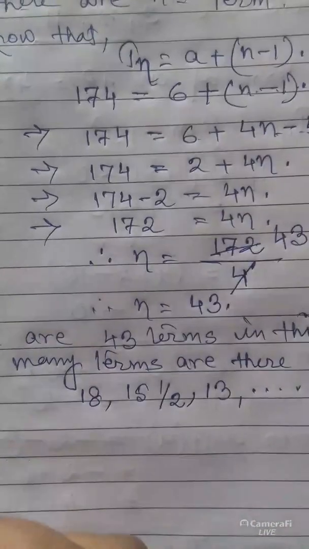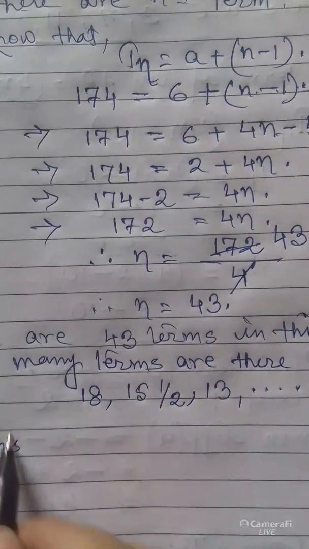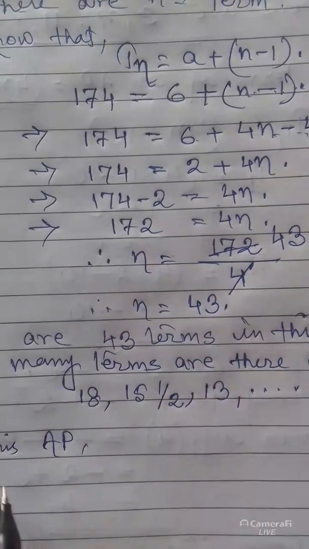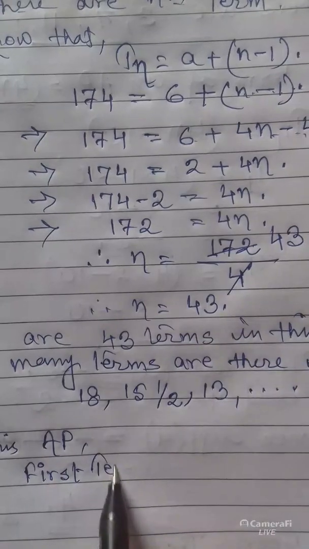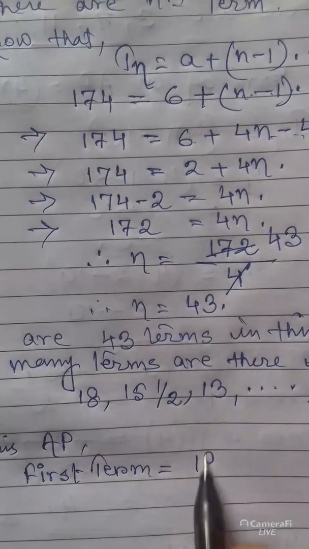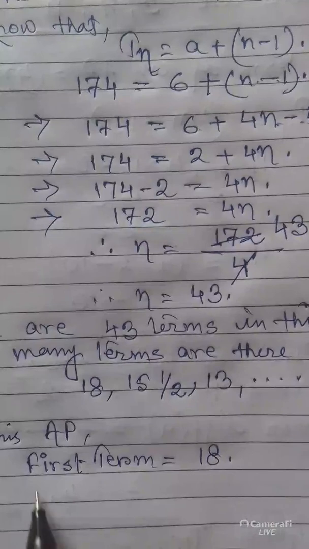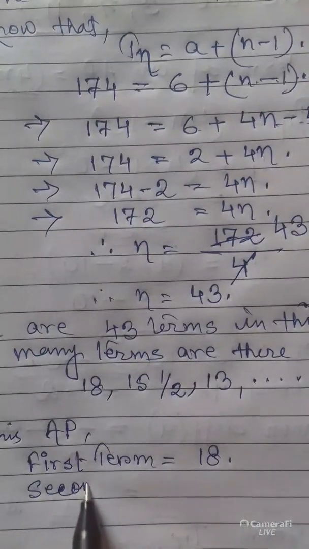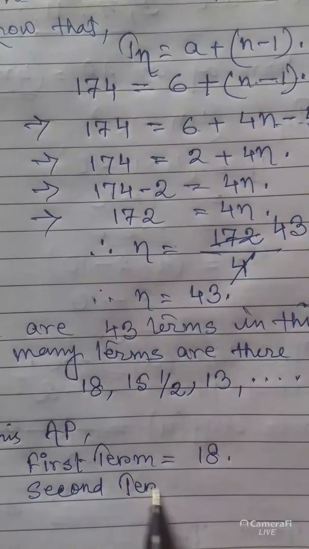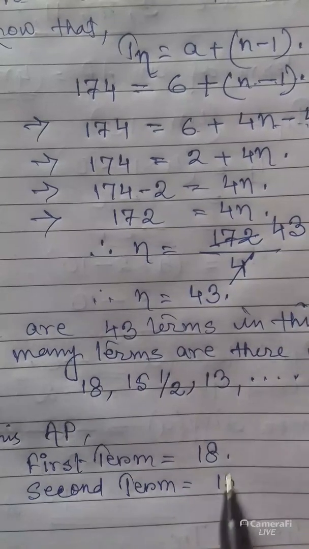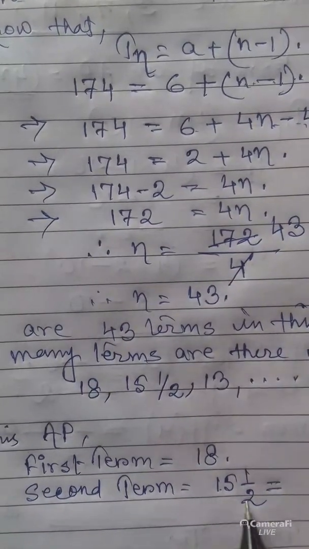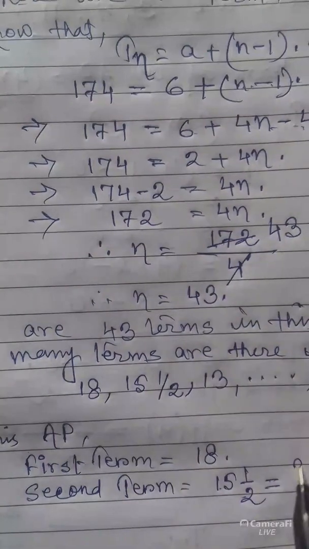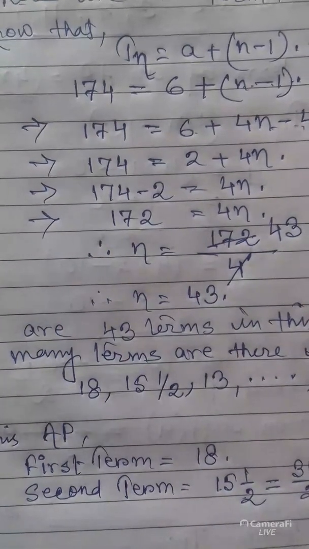In this AP, we have first term equal to 18 and second term equal to 15 and 1 by 2. 15 and 1 by 2 means 15 times 2 is 30, 30 plus 1, 31 by 2, the second term.